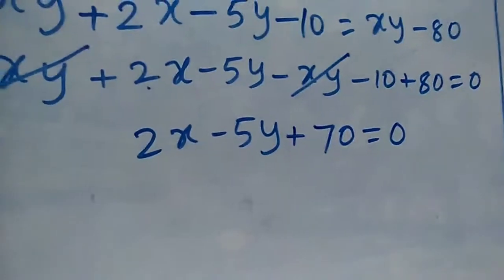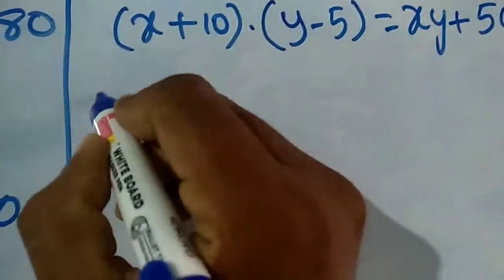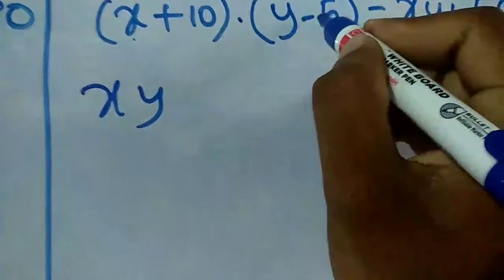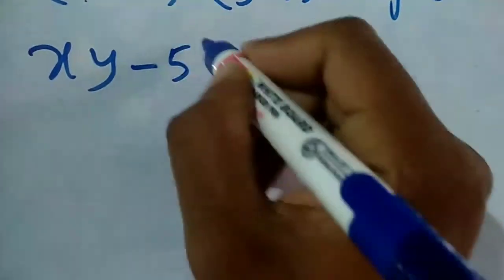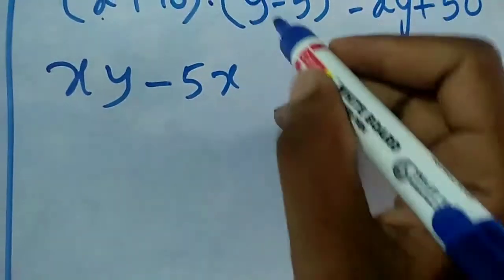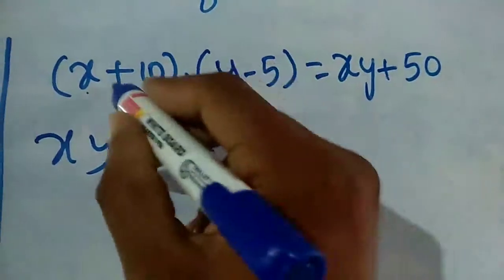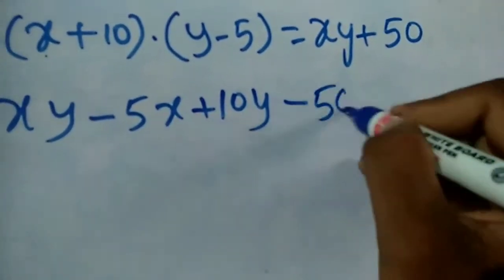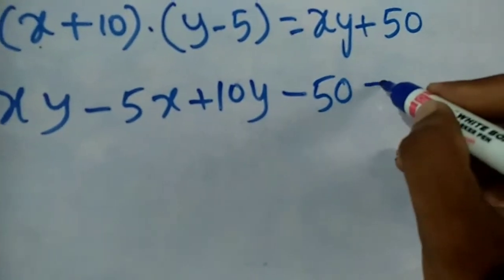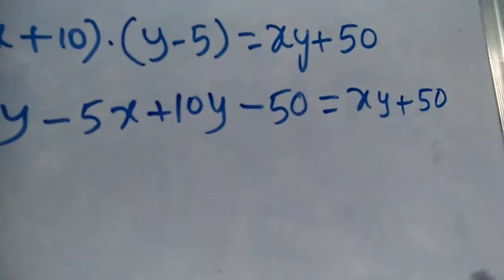Okay. Now to solve this equation: x into y, xy, plus into minus, minus x into 5, 5x, plus into plus, plus 10 into y, 10y, plus into minus, minus 10 into 5, 50, is equal to xy plus 50. Okay.